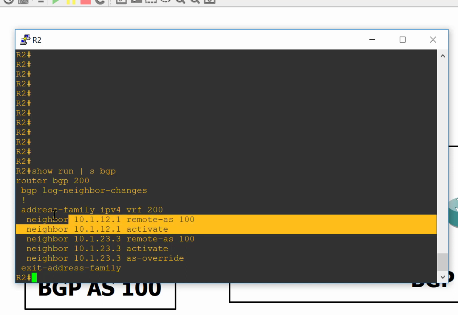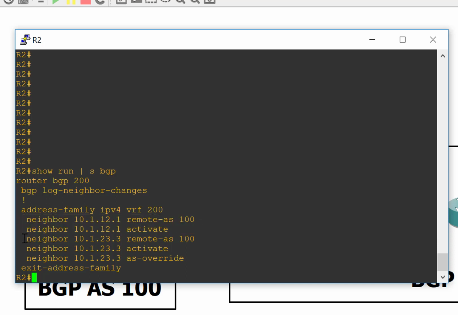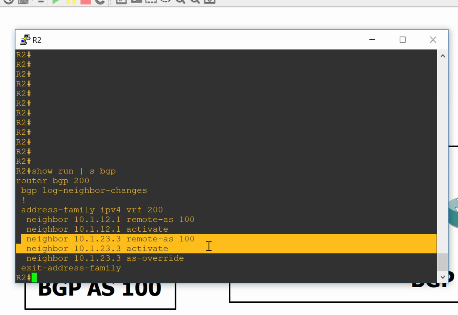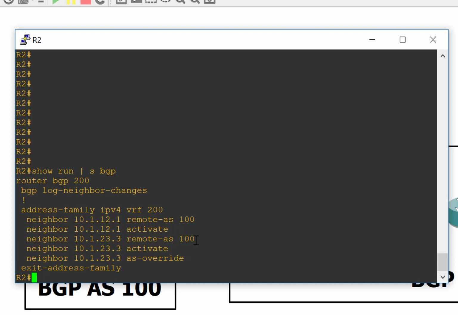If we split this up, you see I have a neighbor statement pointing to router 1, which is nothing more than remote AS 100. I also have a neighbor statement pointing to router 3, which is showing as autonomous system 100 as well. You're probably asking yourself, why did he peer between router 2 and router 3 using AS100 on both sides?